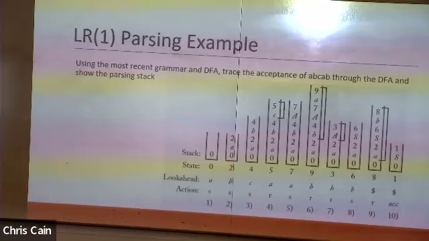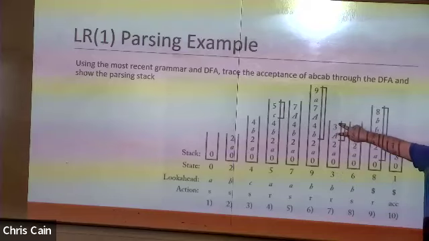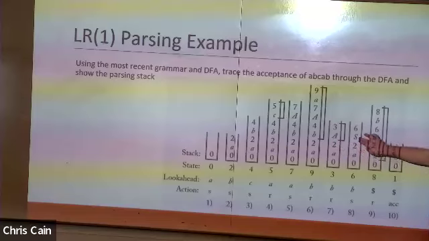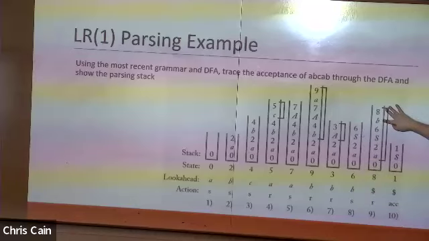And you can imagine this visually as we transition across the DFA as well. All of this will map. We can do another reduce with the A and the 3. We go backwards to state 2 and then forwards through S to state 6. Then we do one more shift, B8. Then we're able to reduce the ASB.